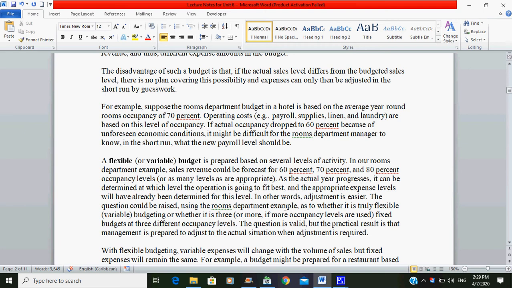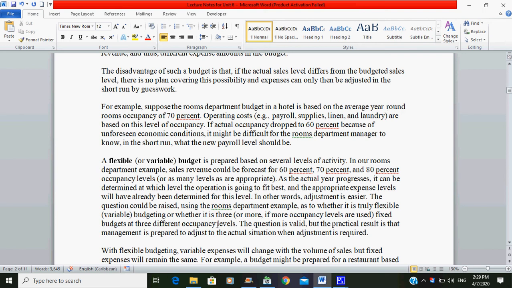The question could be raised then, using the rooms department example, as to whether it is truly flexible or variable budgeting, or whether it is three or more fixed budgets, if more occupancy levels are used. So fixed budgets at three different occupancy levels, right?